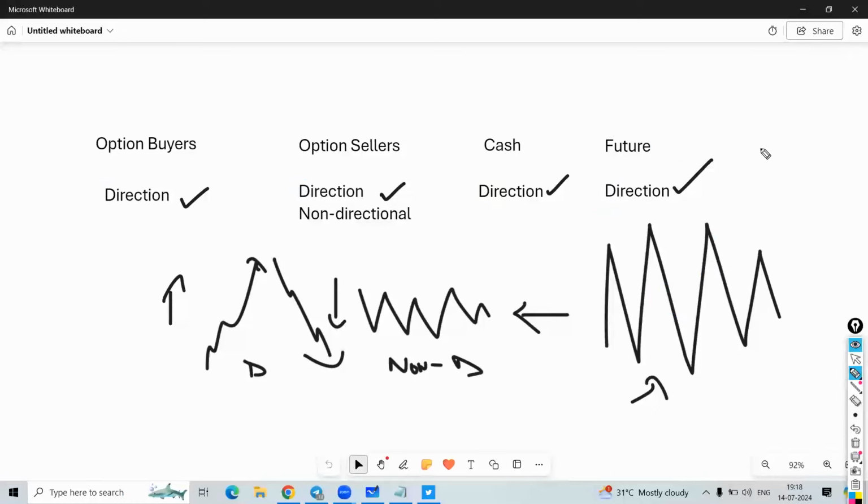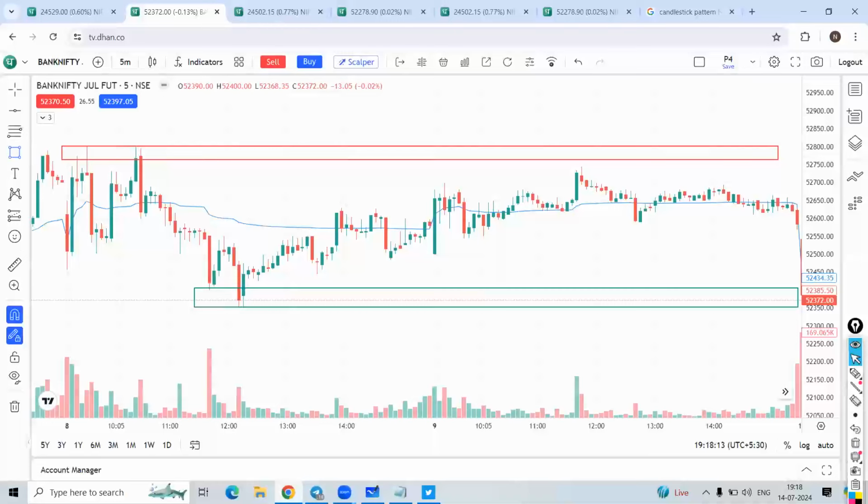Now, can you understand why in the start of the session I was talking about direction? I will correlate it as the session progresses. Okay. Nothing, no action over here, no action over here. So this day is definitely not favorable for a directional trader. Right?